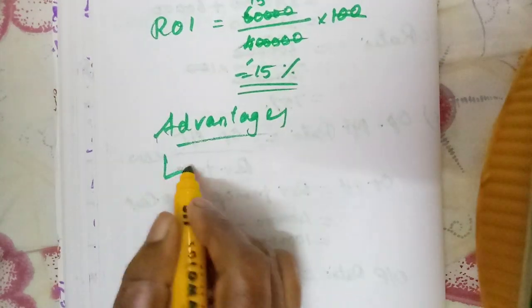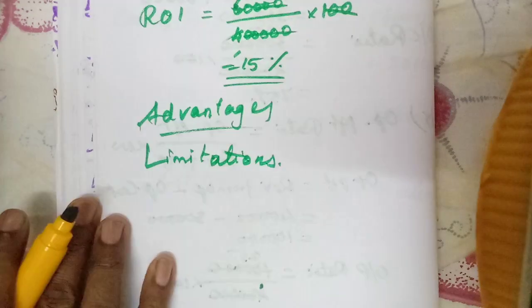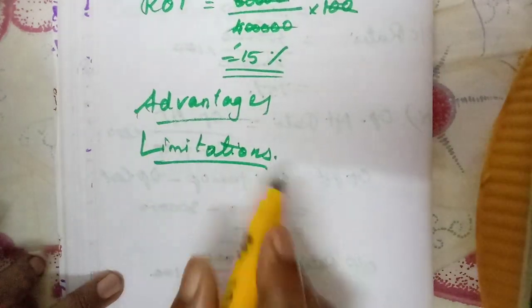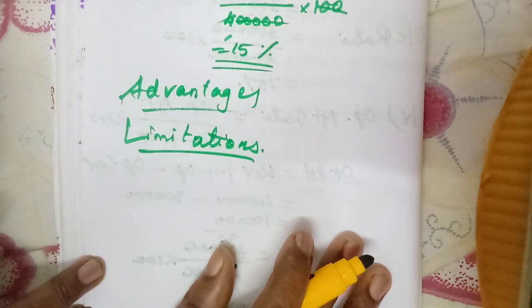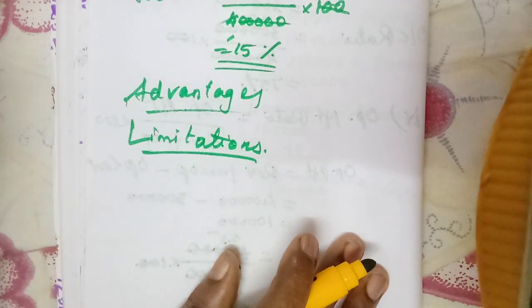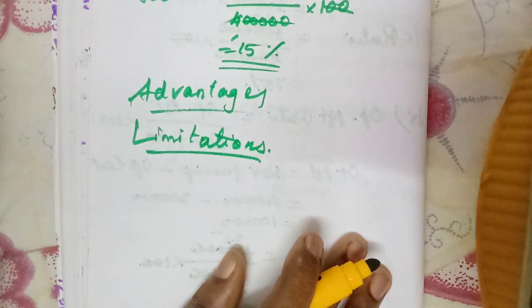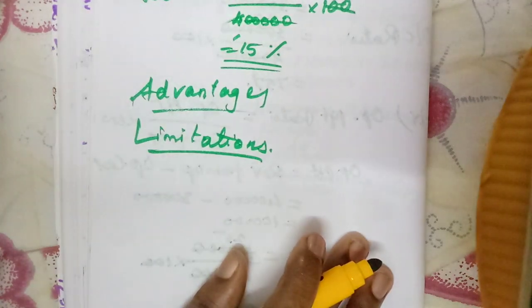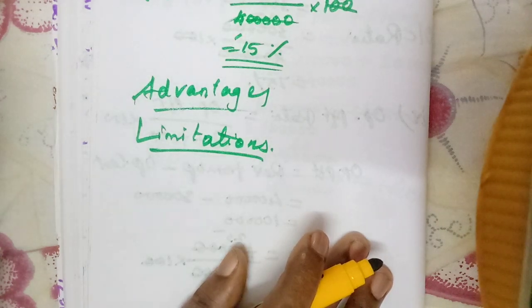Then what are the limitations? Here we should say these ratios, once we measure, we cannot say it is very correct, because it is a means only, not an end. It is measured by the experts or the accountants, and we cannot check the accuracy of the ratio. The ratios are measured as per the financial statement.